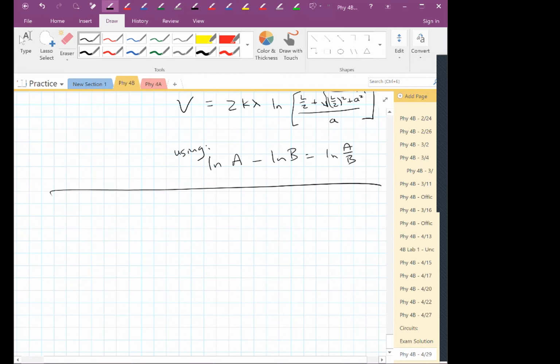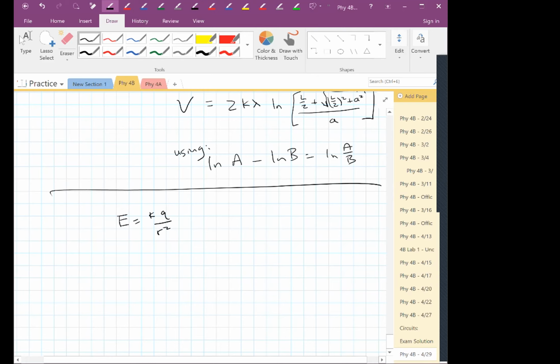All right, so what did we do with electric fields? First thing we said was the electric field from a point charge is kq over r squared.